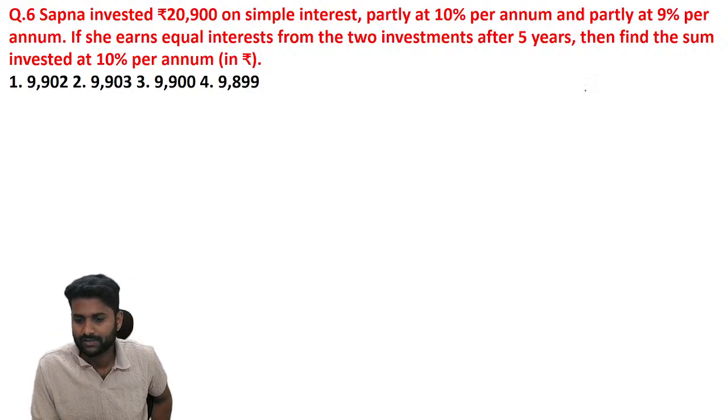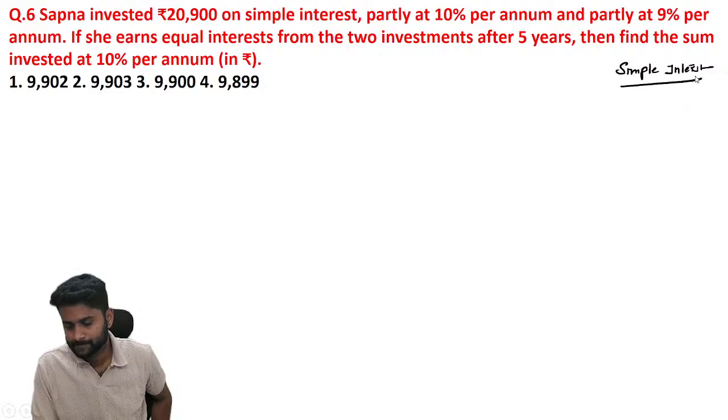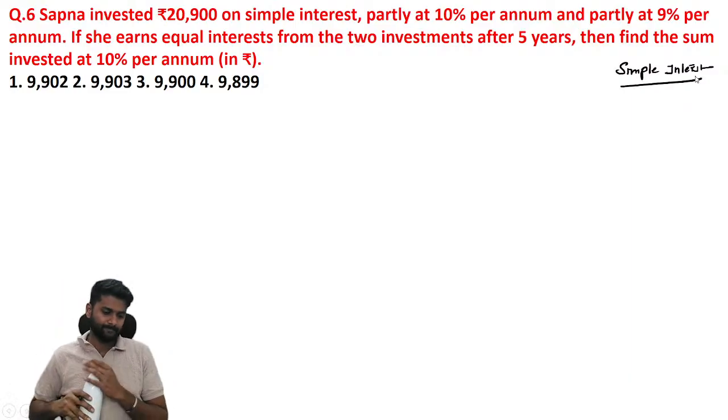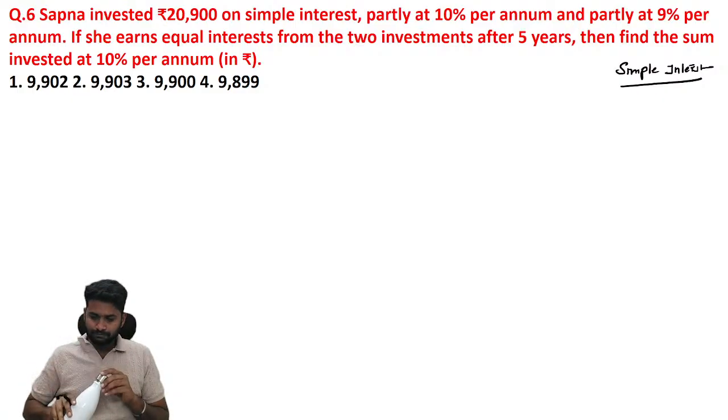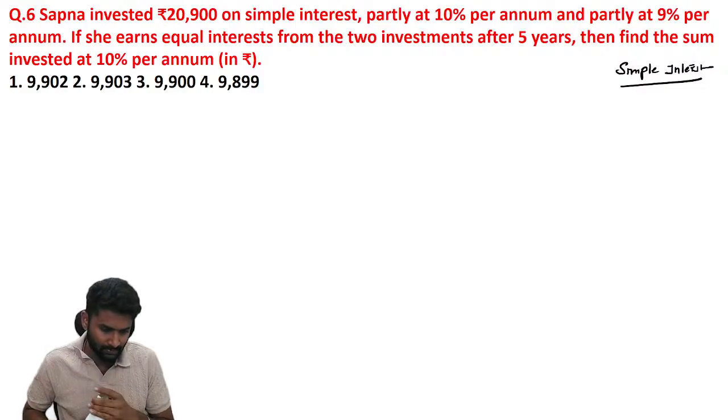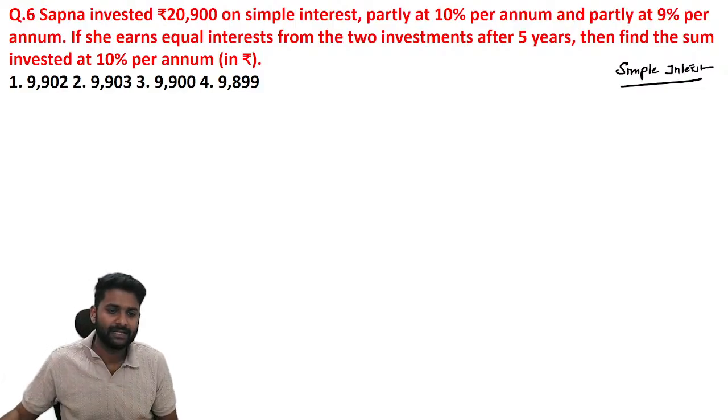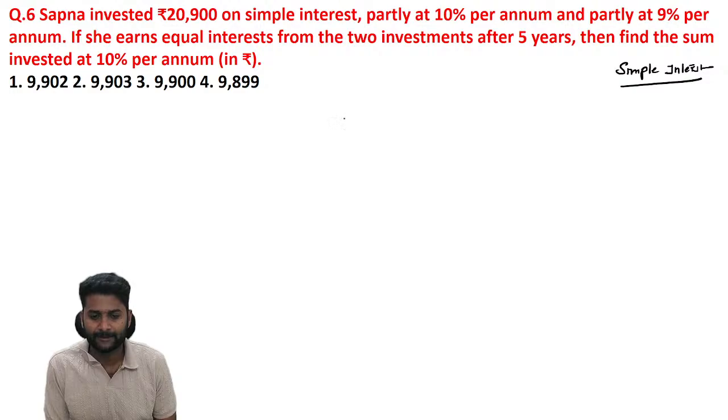Now let's see this next question from the simple interest concept. Sabna invested 20,900 into two parts.